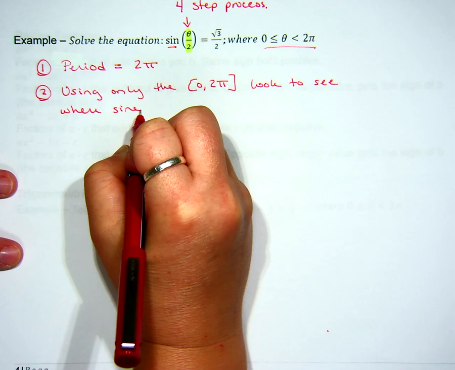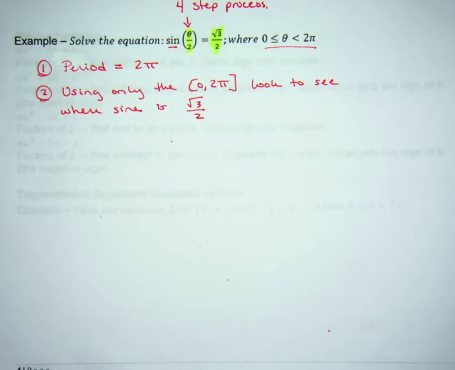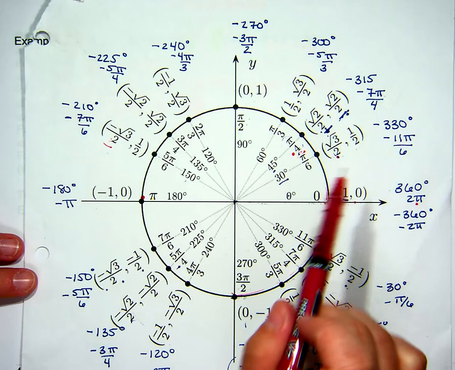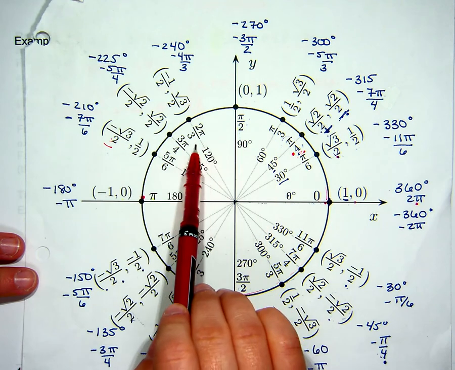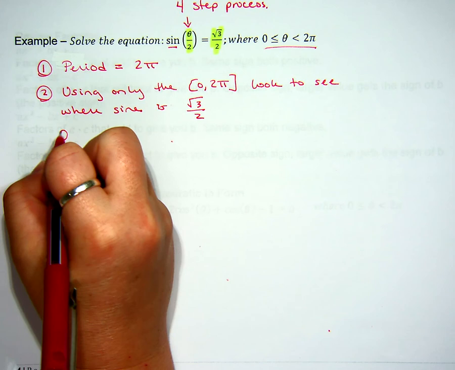Again, you might be asking, where did I get that square root of 3 over 2 number? The problem says that it's equal to square root of 3 over 2. That means I'm going to look in my unit circle for where the y is square root of 3 over 2. Y is the square root of 3 over 2 at pi over 3 and at 2 pi over 3.